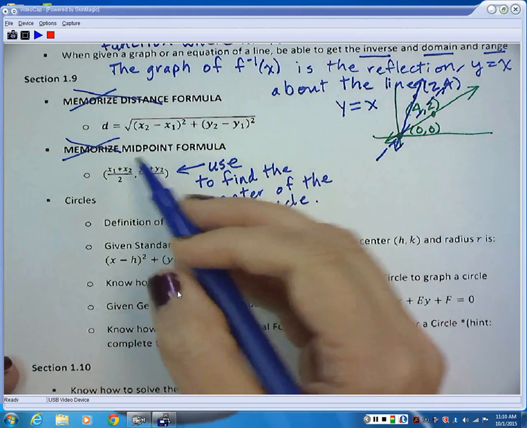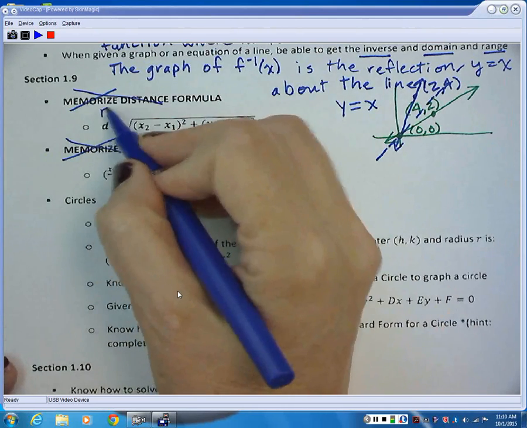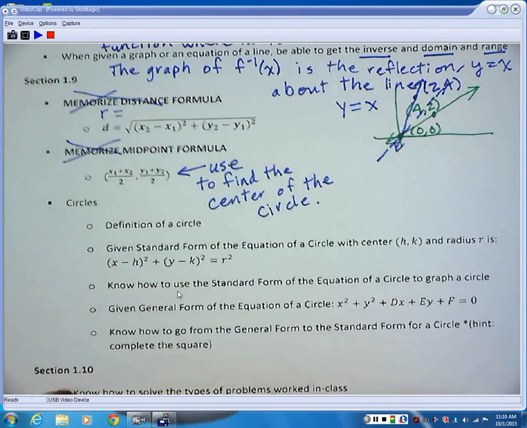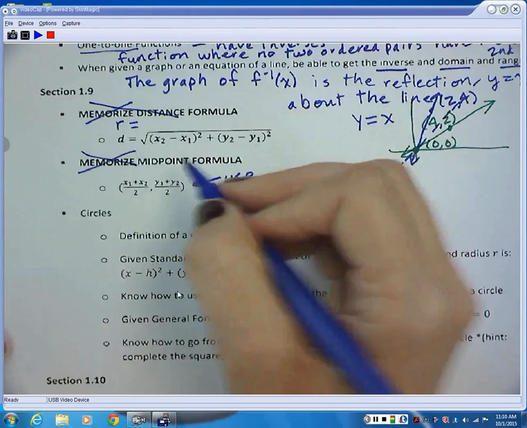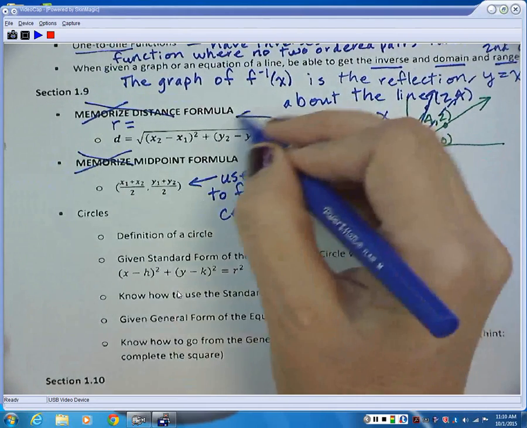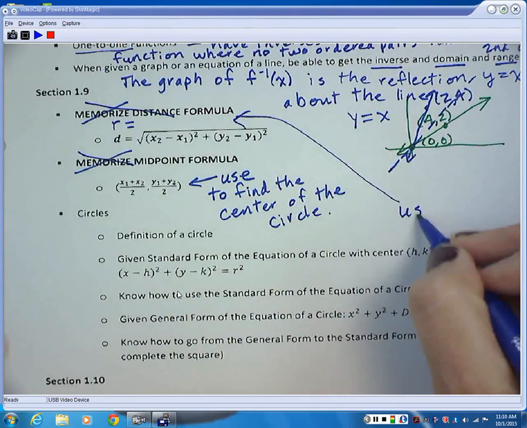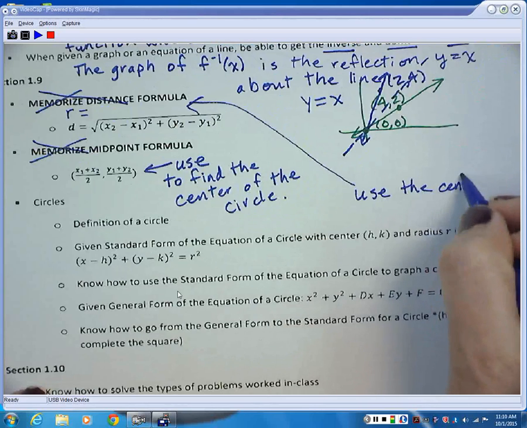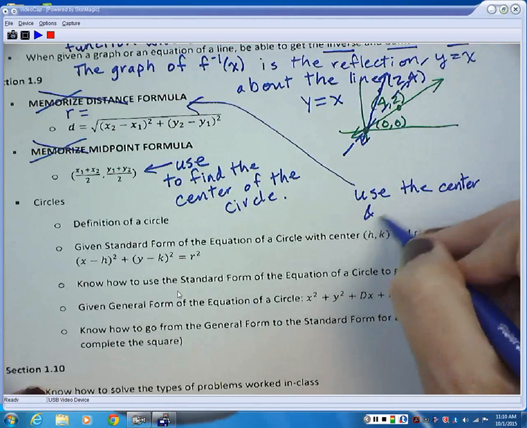To find the radius, you use this formula. But you want to use, I'll write it up here, the center, it is just easier. The center and one other point.